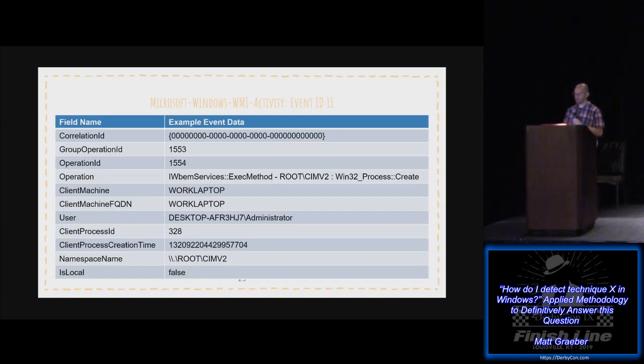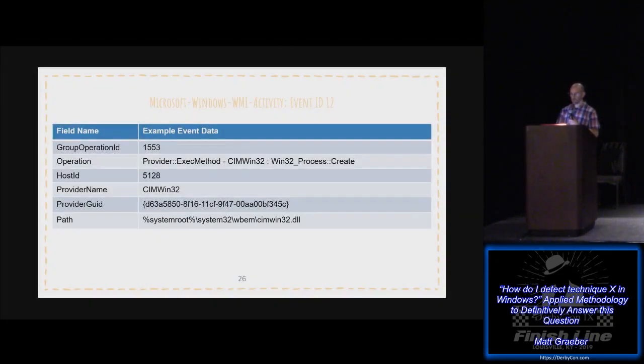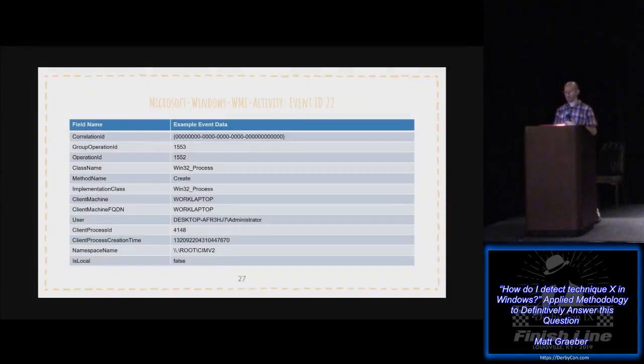All right, so here's the first one, event ID 11, kind of interesting. Win32 process create, we get the client machine, so that's kind of interesting. It looks like we could get context from the client that initiated the lateral movement. We get some stuff about the namespace and whatnot, so that's potentially interesting here. Event ID 12, so Win32 process create right there. That's pretty handy, and we get a corresponding DLL path.